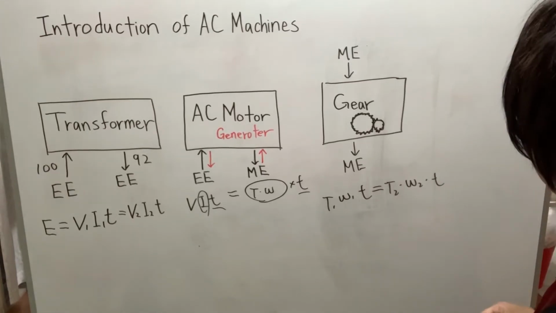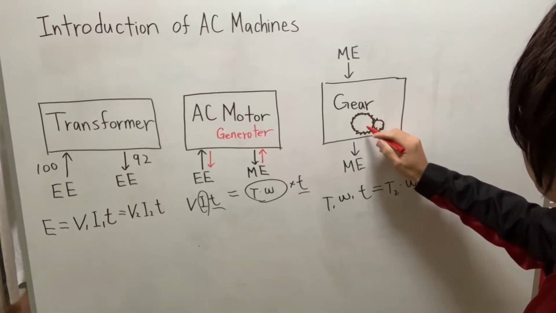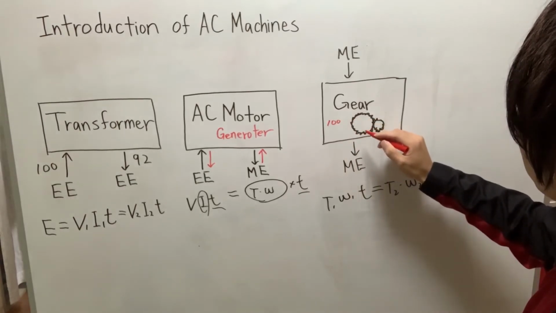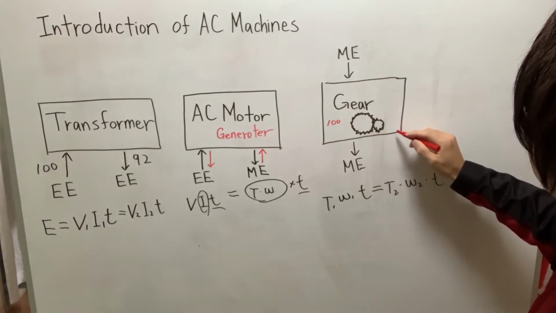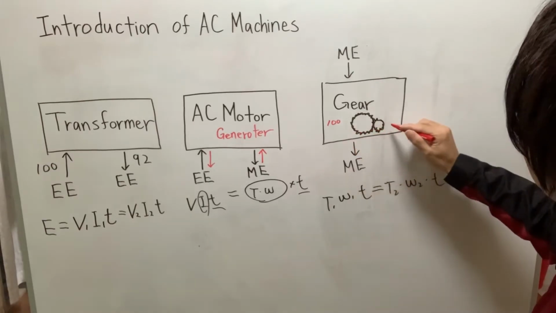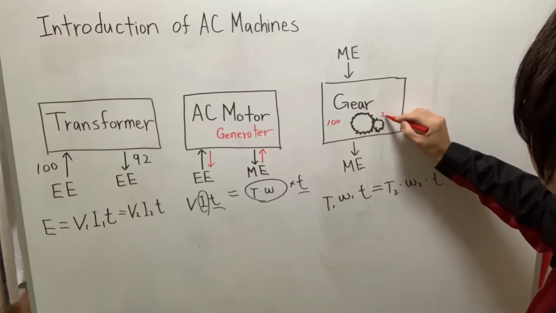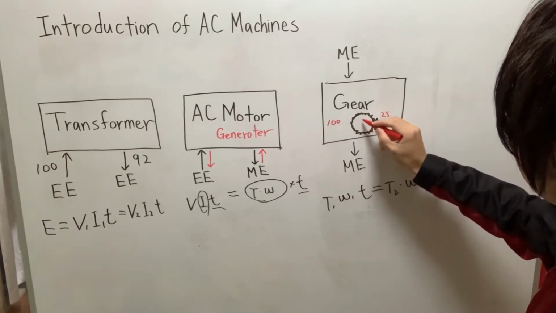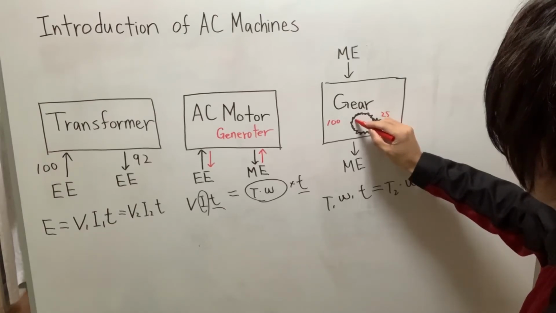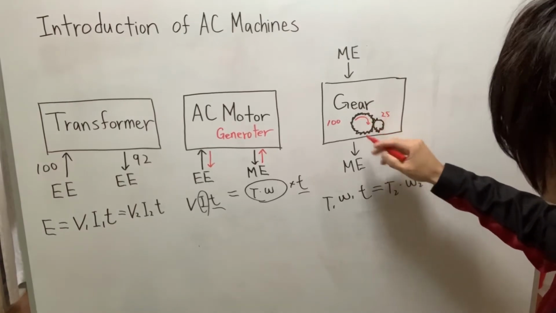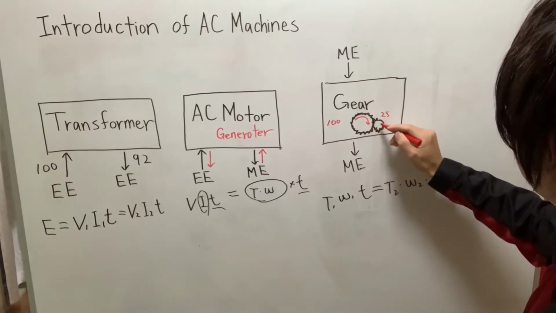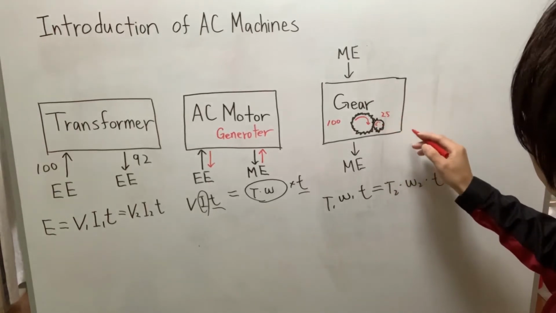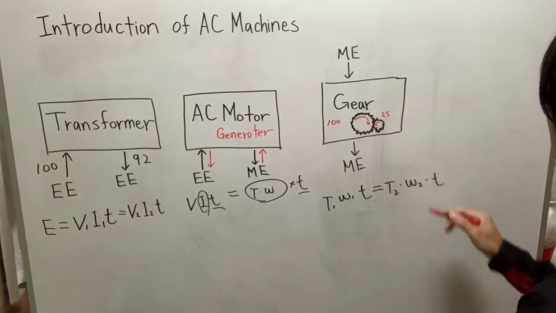So let's say the first gear has 100 teeth and the secondary has 25 teeth, for example, and gear one is rotating in the clockwise direction, and the second gear is going the opposite way with speed omega 2.